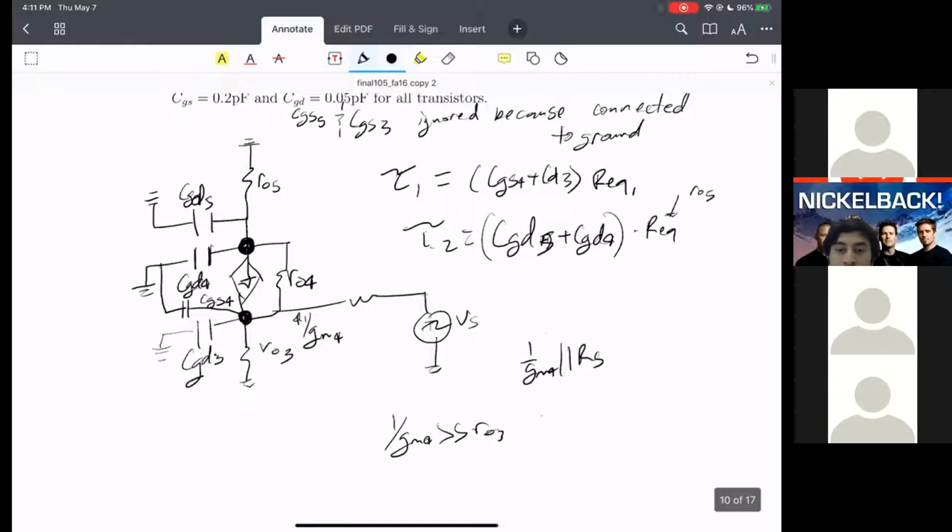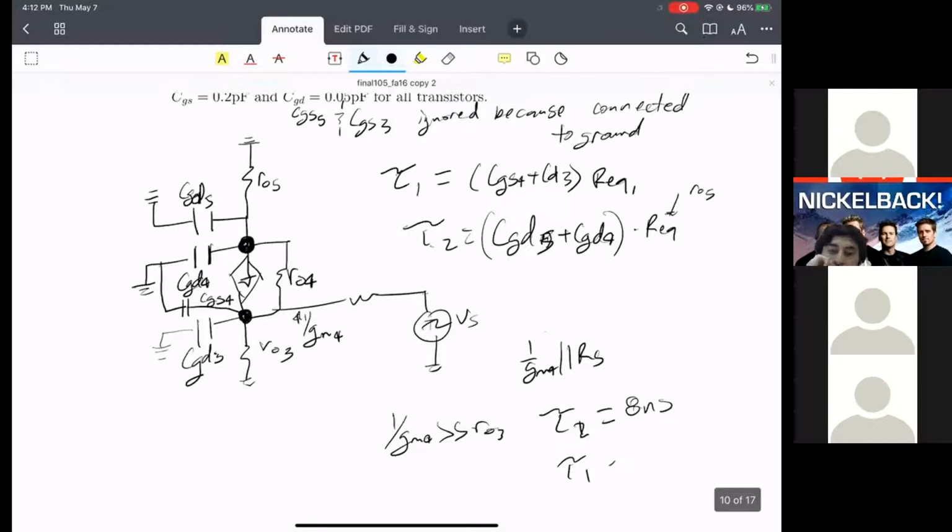All right, so then T2 is equal to about 8 nanoseconds. And T1 is about 333 picoseconds.